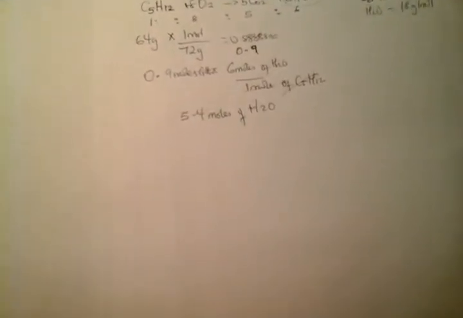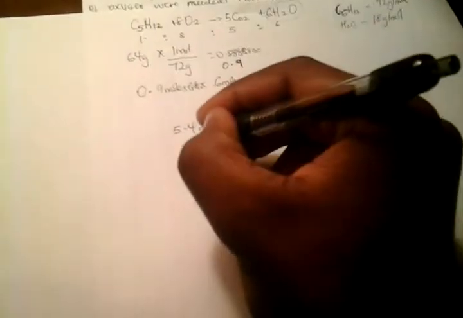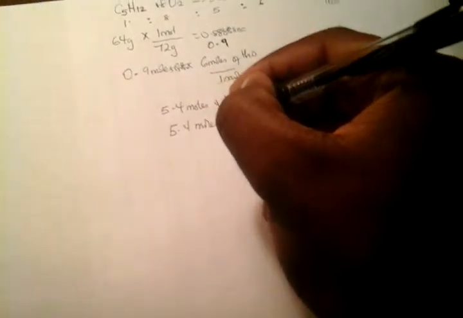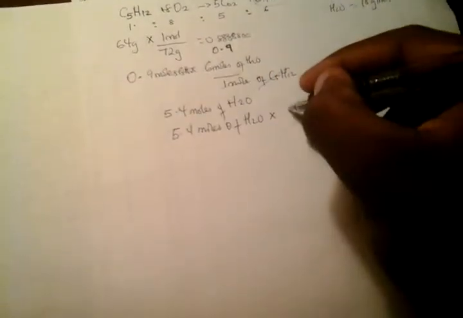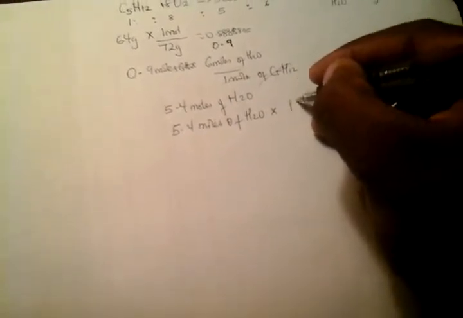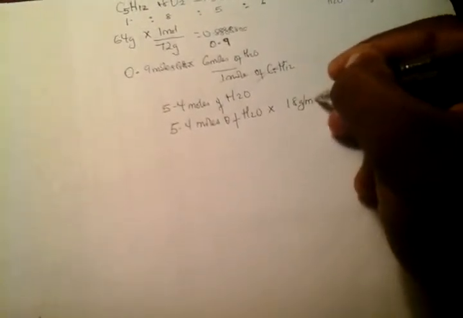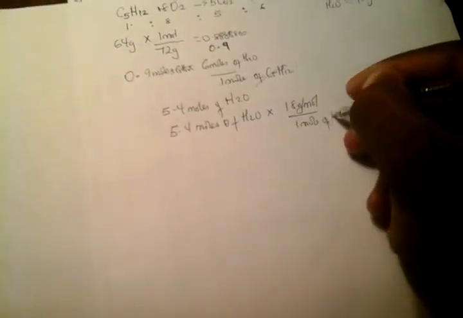So you said how many grams or whatever form. Now you just do the grams per mole. You have 5.4 moles of H2O multiplied by 18 grams per mole divided by 1 mole of H2O.